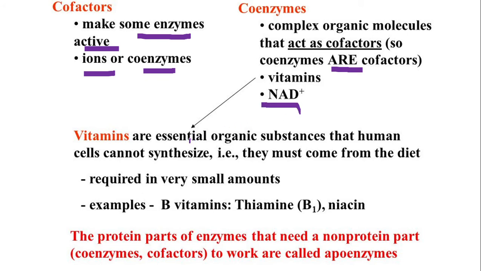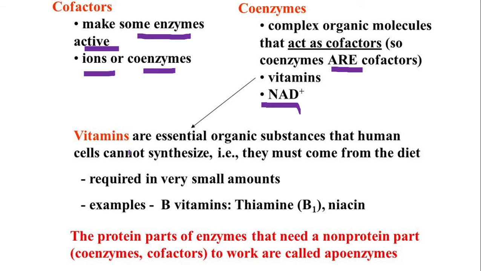You might have heard of B complex vitamins. When there is a deficiency of the B complex vitamins, we may get some deficiency diseases in our body. Most of these B complex vitamins are actually coenzymes for some enzymes. So their function is to act as coenzymes.